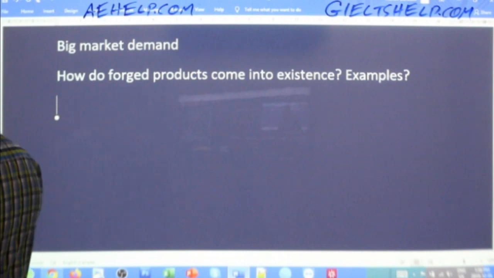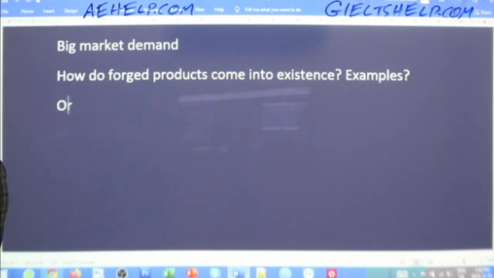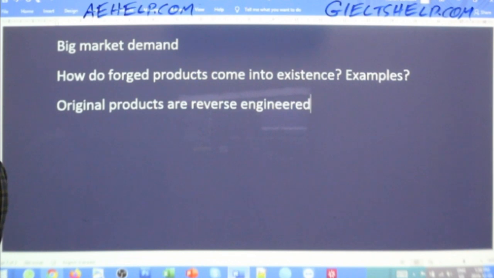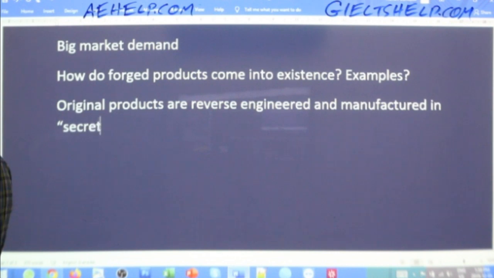So I would say original products are reverse engineered and manufactured in secret factories.